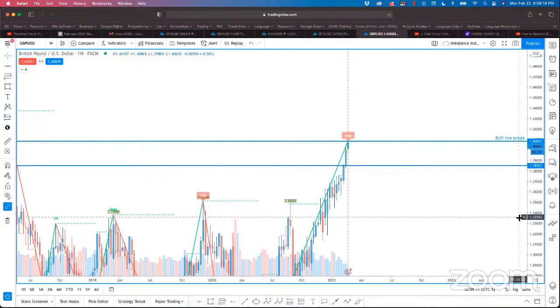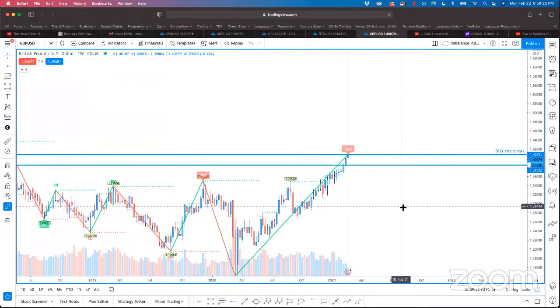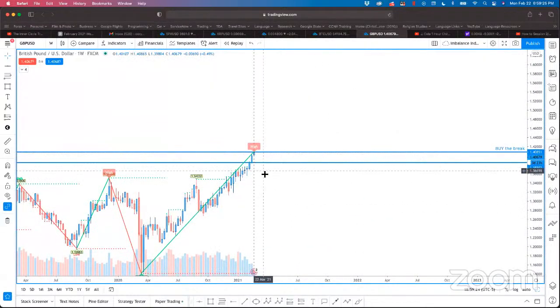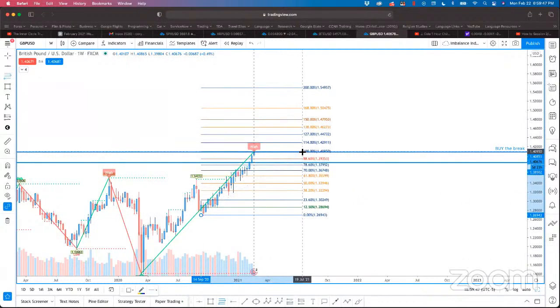For the buy, I would rather you get in on a swing on a higher low versus this high, because this is going to have to retrace. All of this is going to have to retrace at some point. It hasn't retraced yet, right? So why get in up here?